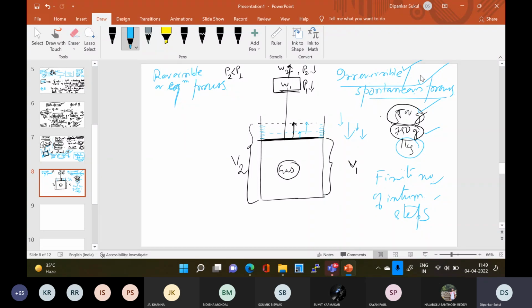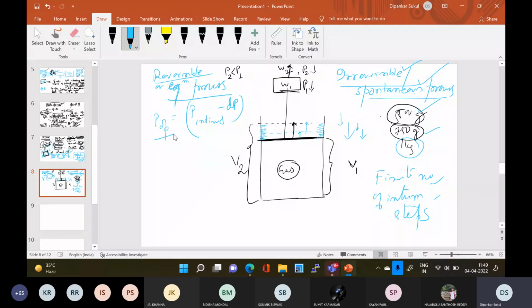Now, if there are an infinite number of intermediate steps, either expansion or compression, then that process will be a reversible or equilibrium process. Why? Now I will explain. See, if there are an infinite number of intermediate steps, what does it mean? That means your opposing pressure will be reduced by an infinitesimally small quantity.